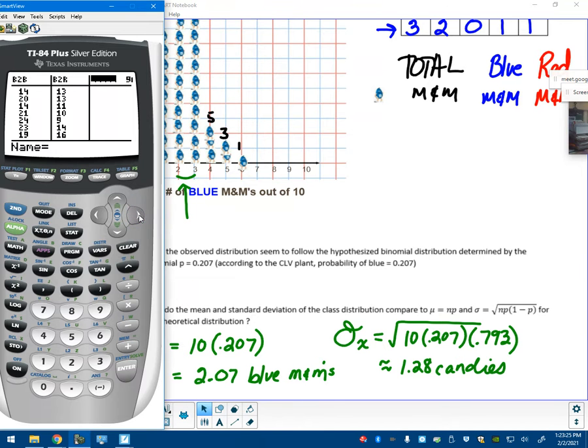So I'm going to come up here and add block 4 total candies, block 4 blue candies, and block 4 red candies. Okay, so I had 84 total, 14 blue and 13 red.